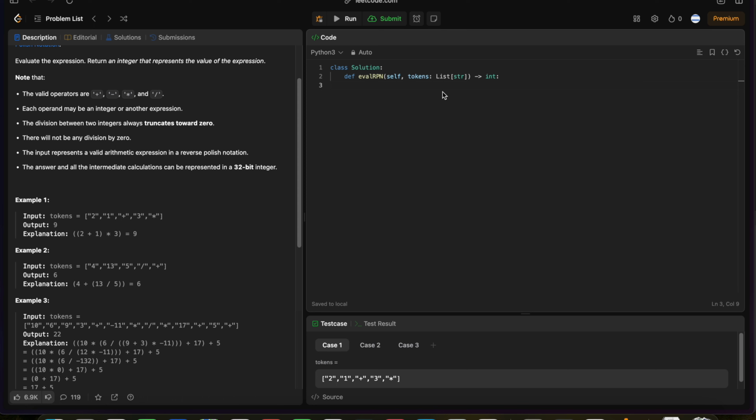So here we are with the coding session. Let's write the algorithm first. So we create a stack, and push the elements into the stack if number.